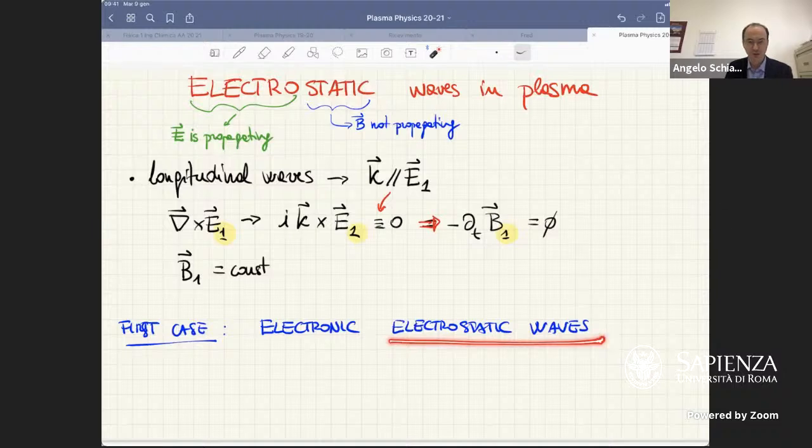So this is a longitudinal wave where only the electric field is propagating and the B field is static, not moving. And then the electronic in front means that the electrons are taking part in the process.